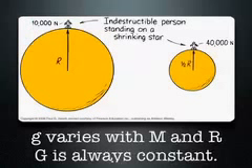Since the gravitational acceleration depends on r squared, and r is now half the size, then the r squared is half squared, or 1/4.